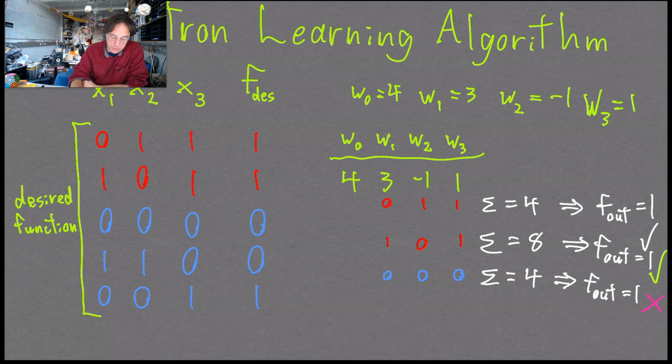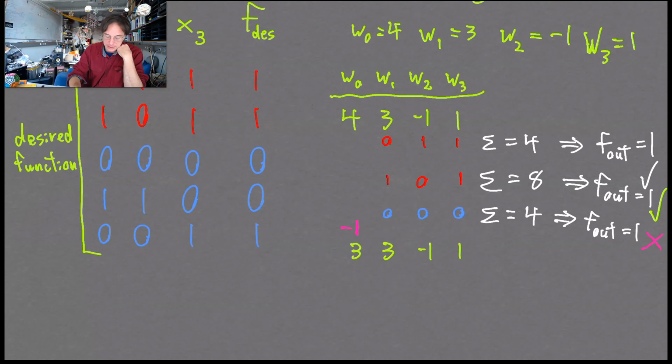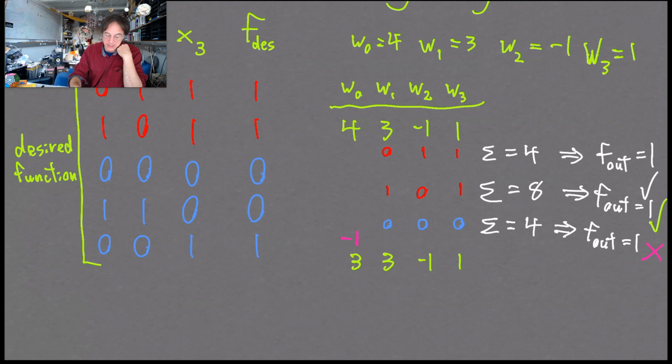So what we're going to do is subtract 1 from the bias. Why 1? You can subtract whatever you want, but if we always subtract 1, that's the simplest thing we could do. So then we're going to have the terms 3, 3, minus 1, 1. And if we plug in the same thing again, we have the same problem. We've only reduced the sum to 3. It's not enough.